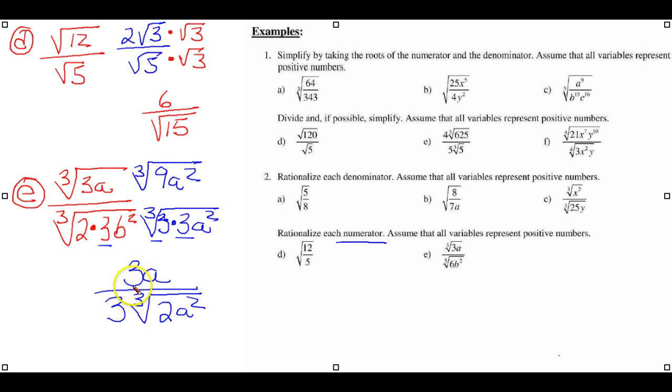But now, what do we do here? Well, these are common factors. So we can factor out the 3. So our final answer here is a over the cube root of 2a squared. I need to put my, looks like I forgot my b down there too.